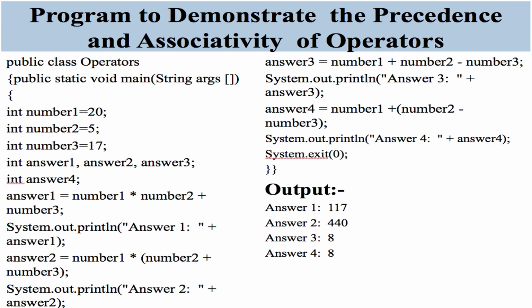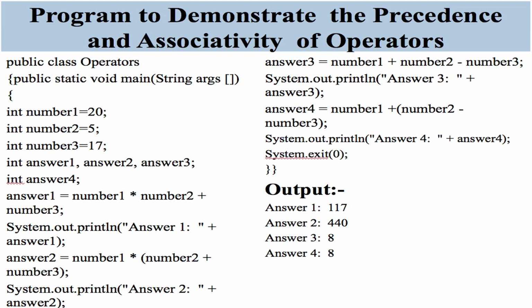The value 20 is transferred to number 1, 5 is transferred to number 2 and 17 is transferred to number 3. We have three more variables, answer 1, answer 2 and answer 3, whose values are not assigned.